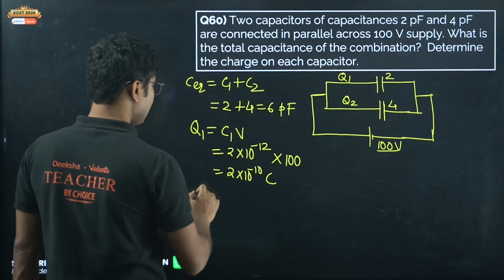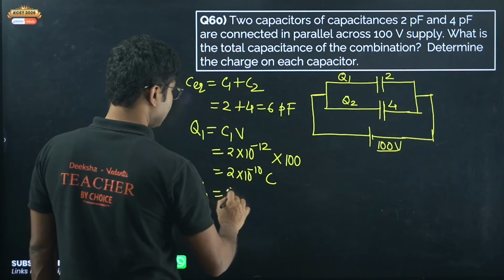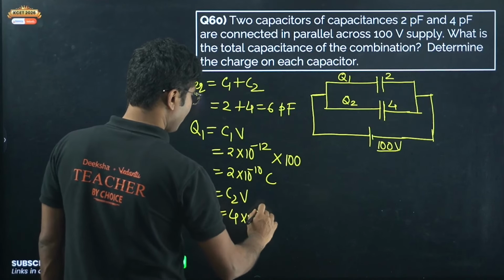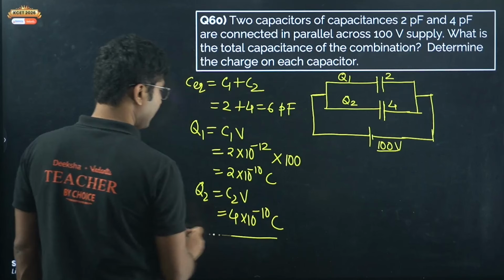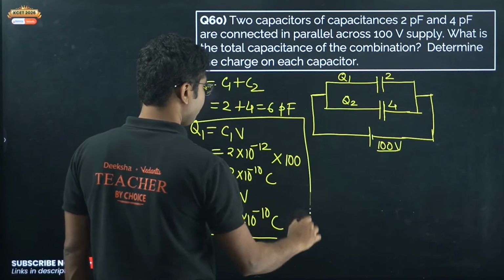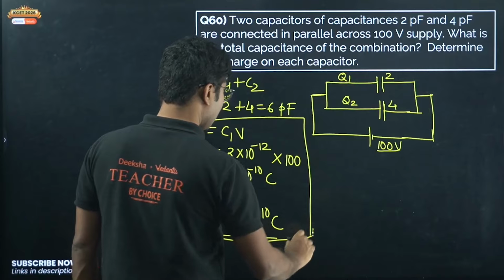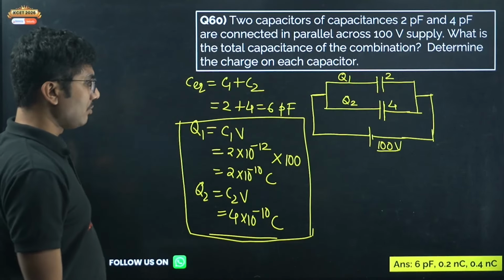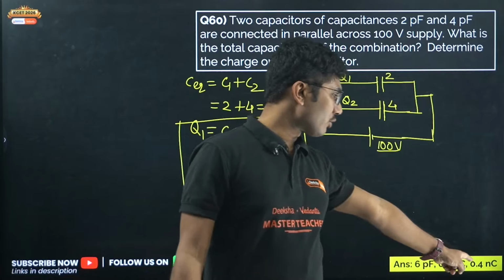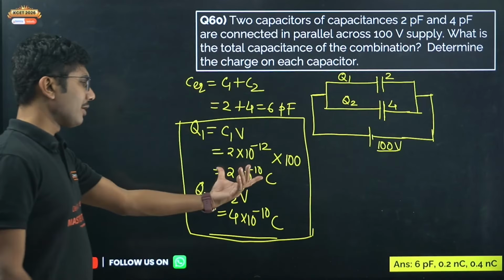And Q2 is given by C2V, that will be 4 into 10 to the power of minus 10 coulomb. Unit is very important whenever you are solving questions. Remember, units and conversion of the values are very important. So the first answer is 6 picofarad, second 0.2 nanocoulomb, 0.4 nanocoulomb, or you can leave it like this also, this is fine.